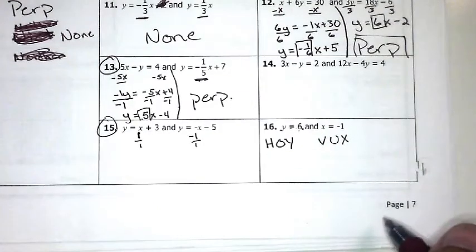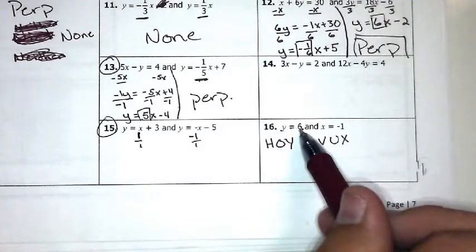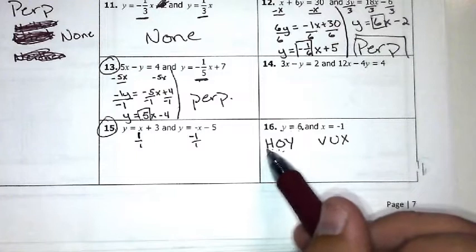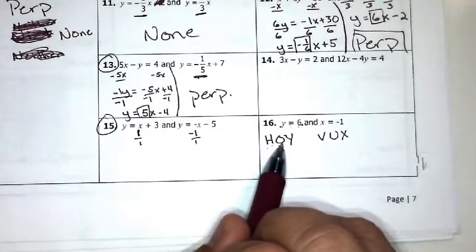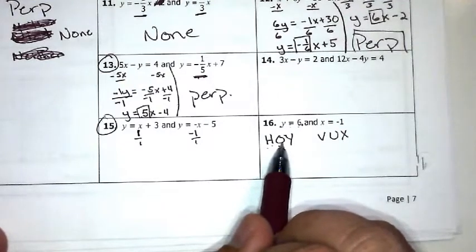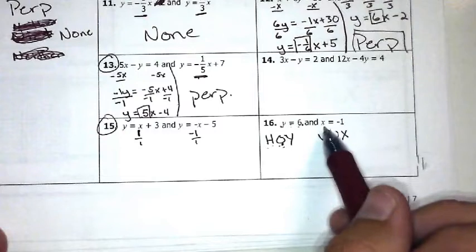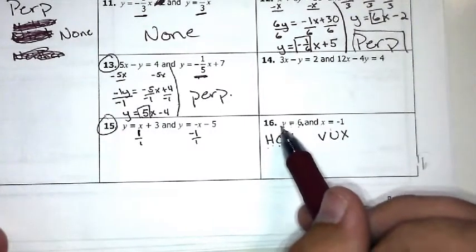What is the slope of a horizontal line? 0. And what is the opposite of 0? Undefined. So in order for this second equation to be considered opposite, I need two opposite variables. If y equals 6 is my first, my second equation must be x equals.